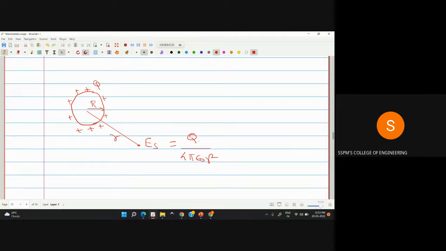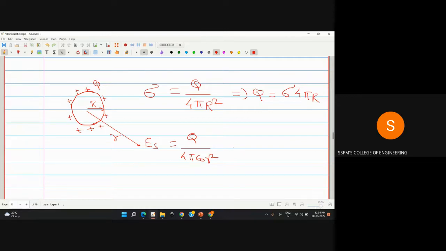Now what do you have to do? You have to represent Q in terms of surface charge density. So how to calculate surface charge density? Surface charge density is Q divided by area of sphere. Now what will the area be? 4 pi into capital R square, where R is the radius of sphere. So that implies Q is equal to sigma into 4 pi R square, isn't it?